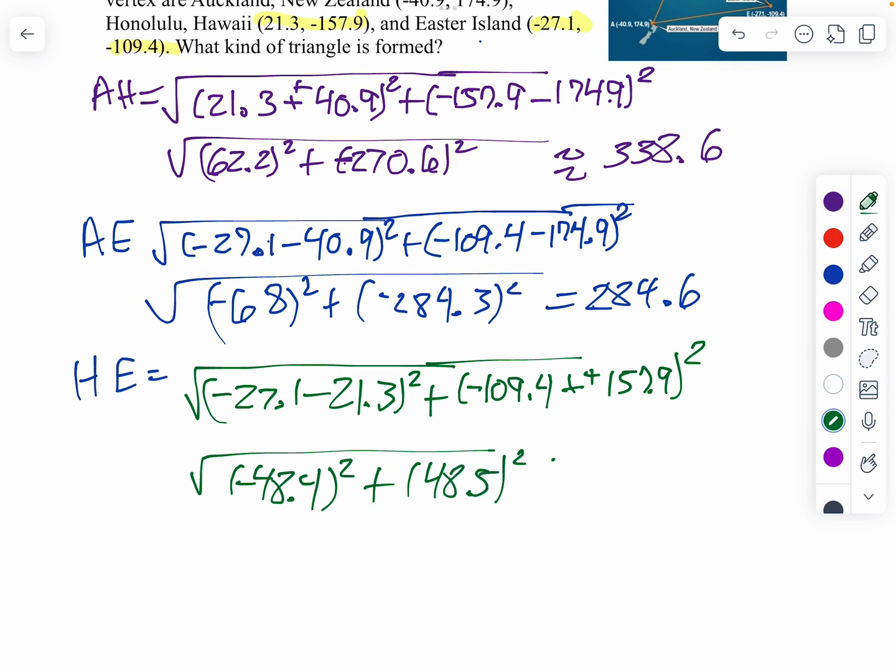I'll square those two together, add them together, and type that in my calculator, and I get 68.5. Notice none of these are the same, so we classify the triangle formed by these island chains as scalene.